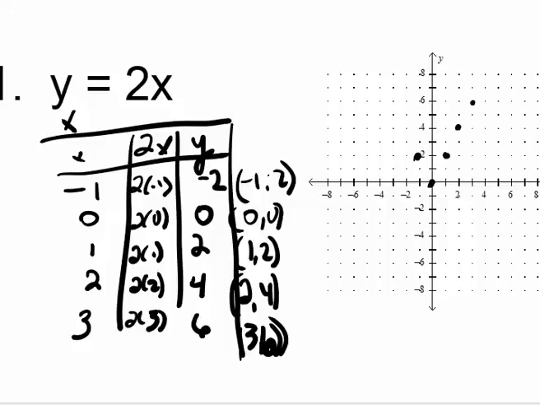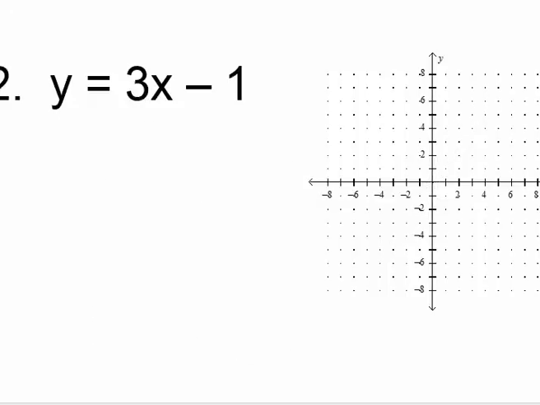This one is wrong. This should be over 1, -2. So therefore you can see we now have a straight line. And we'll erase that point.